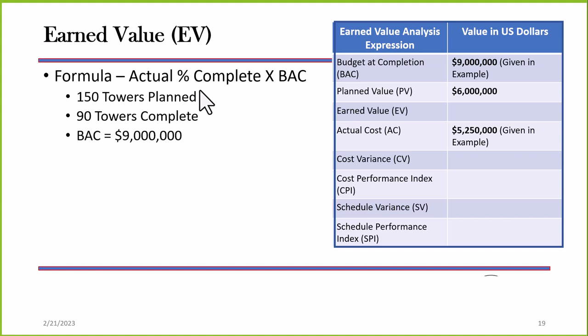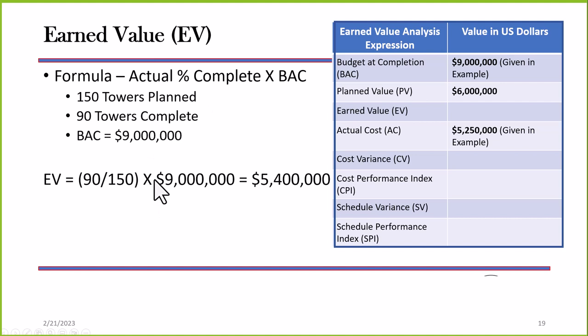We have completed 90 towers. The BAC is $9 million. So what is the actual percent complete? If I plug those numbers into the formula, it would be 90 divided by 150, and you multiply that times $9 million, and that gives us an earned value of $5.4 million.